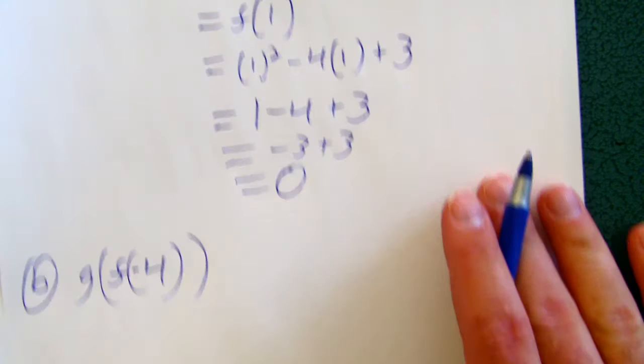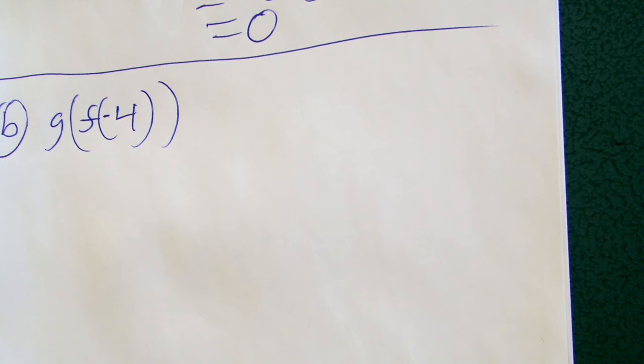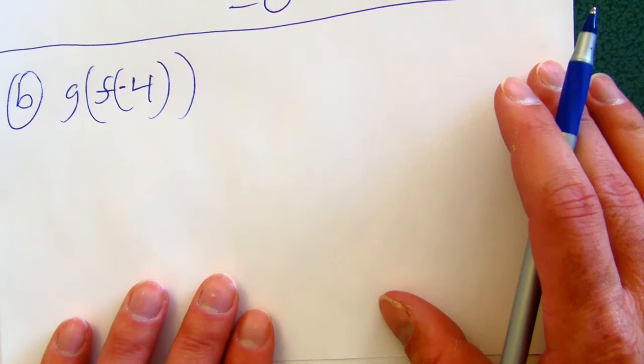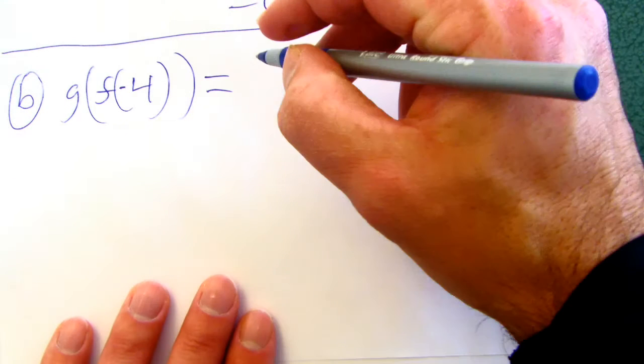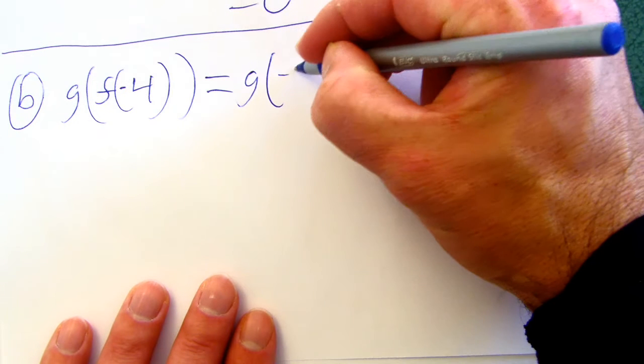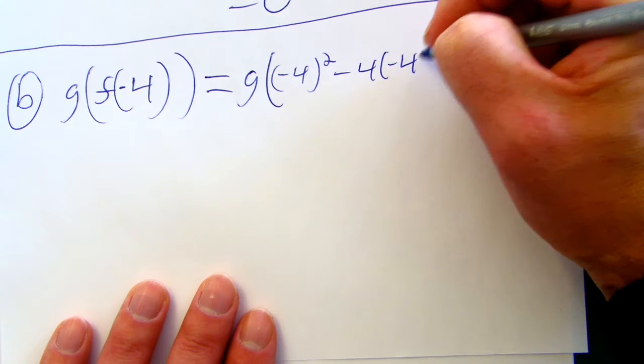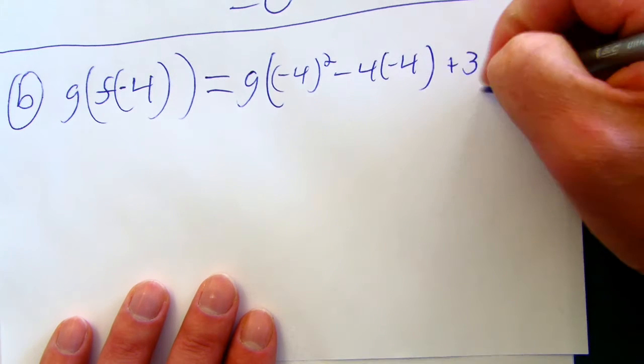All right, and then last one where we're doing the composition of functions here, we're going to do g of f of negative 4 here. So that means we're going to have g of, we've got to put negative 4 into f there, so it's going to be negative 4 squared minus 4 times negative 4 plus 3.